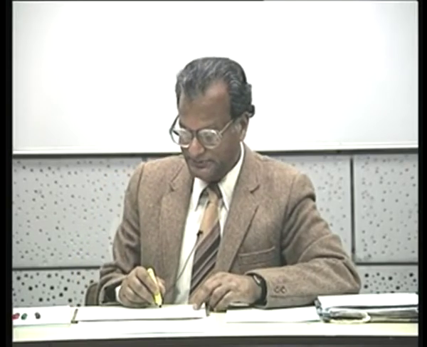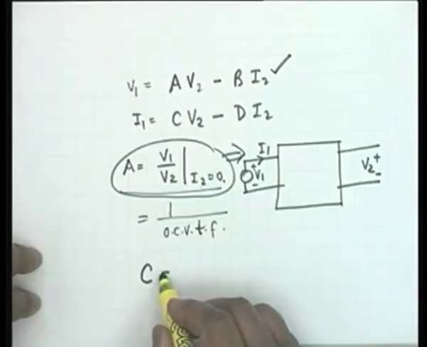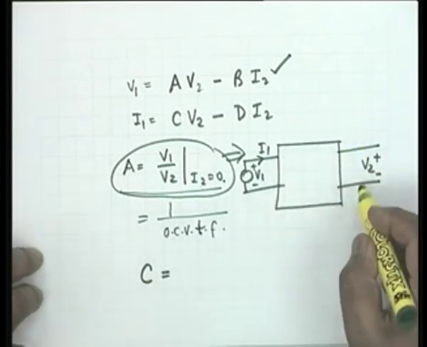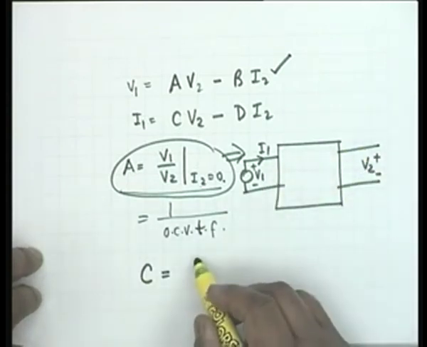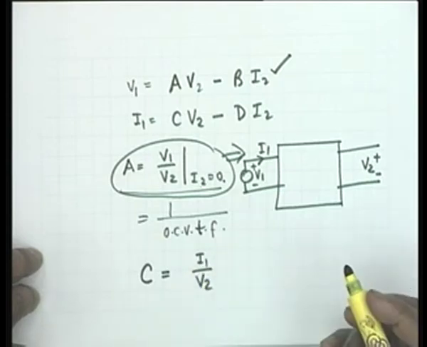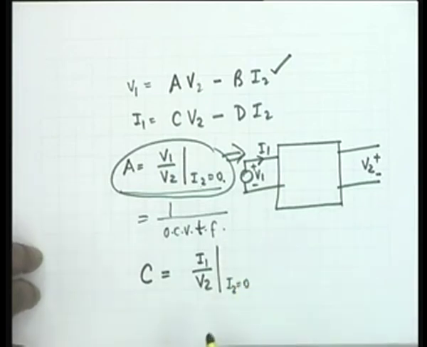Similarly, another parameter that I can find out from this network is C. C is I1 by V2 with I2 equal to 0.